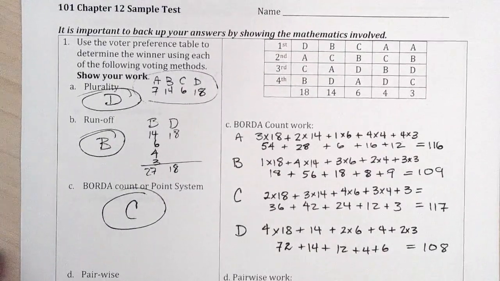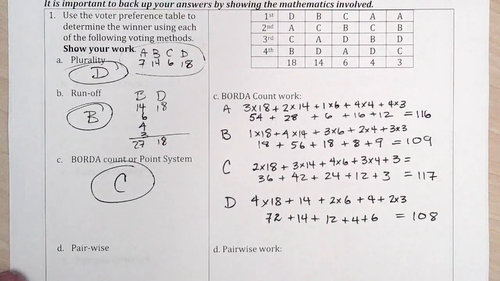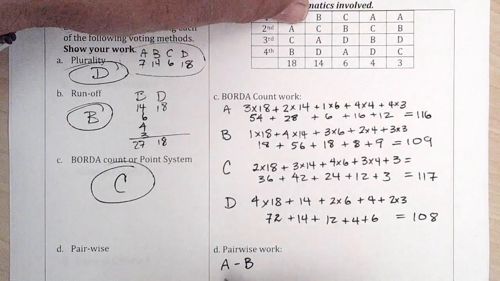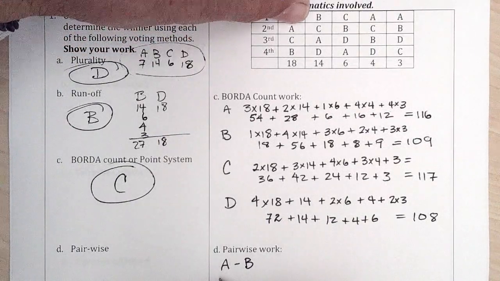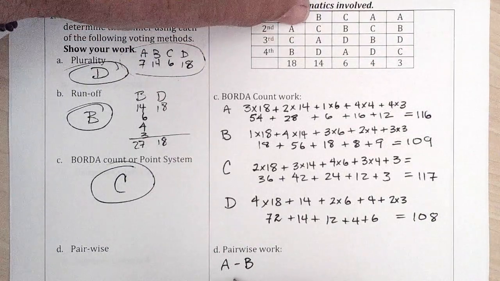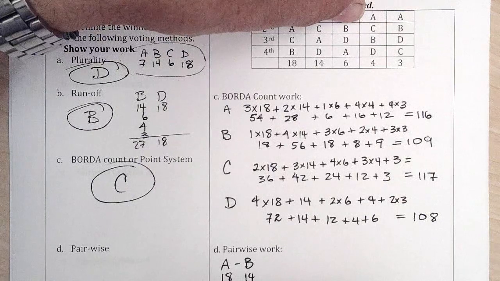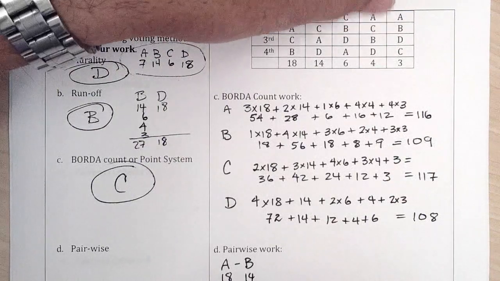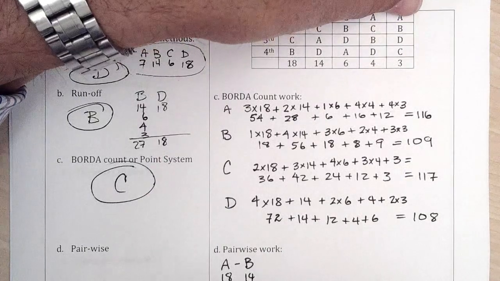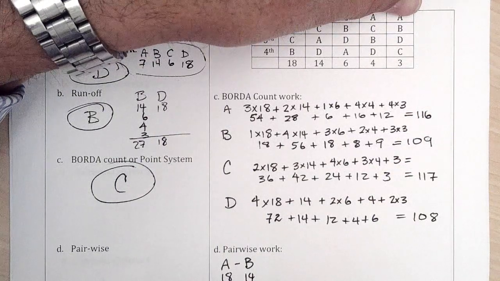Okay, pairwise. So pairwise, let's just start with A compared to B. A gets the 18, B gets the 14, B beats A, so that's 6, A beats B 4, and A wins there 3, so that's 7, 25 to 20.